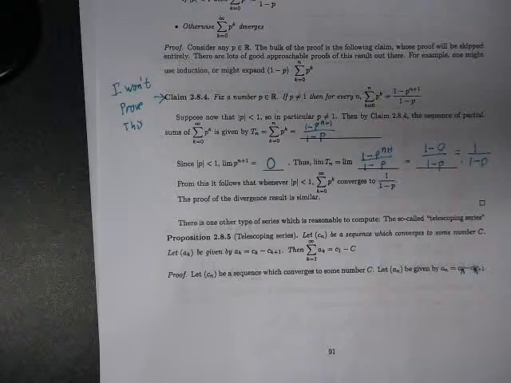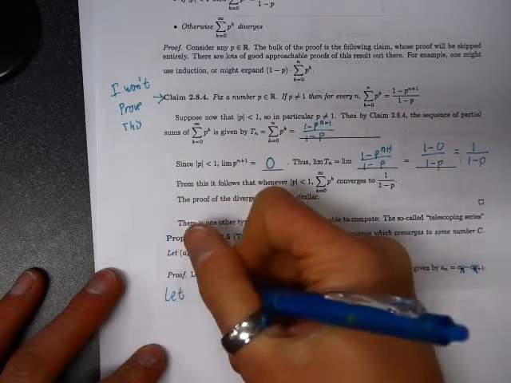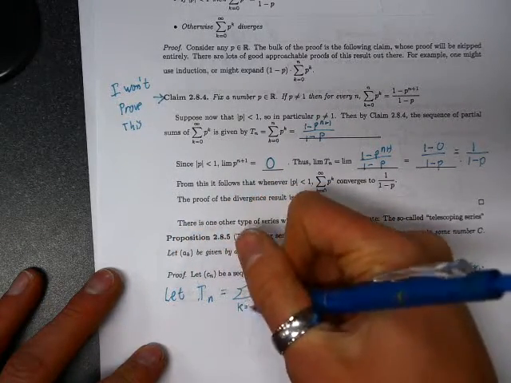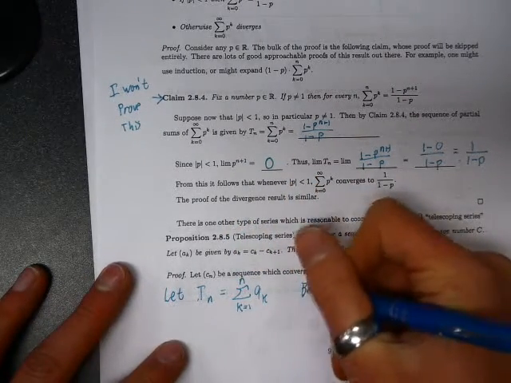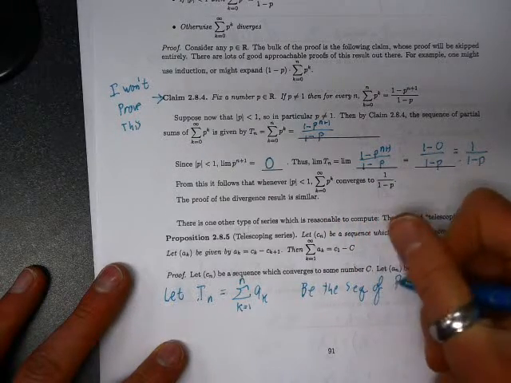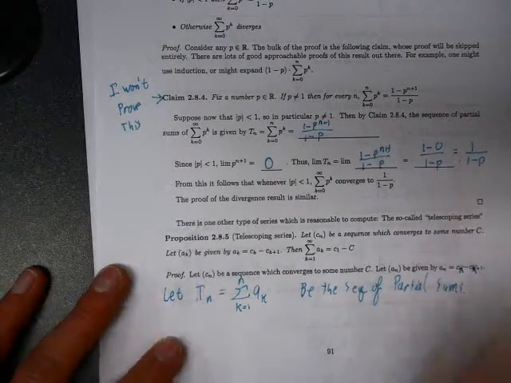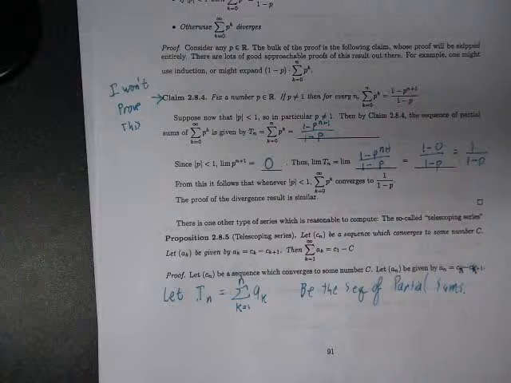So let's let T_n be the sum from k equals 1 to n of a_k, be the sequence of partial sums. So basically, I just need to show that T_n converges to c_1 minus c.